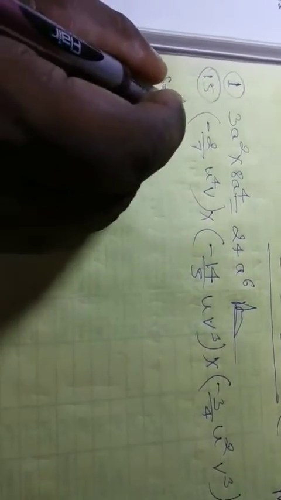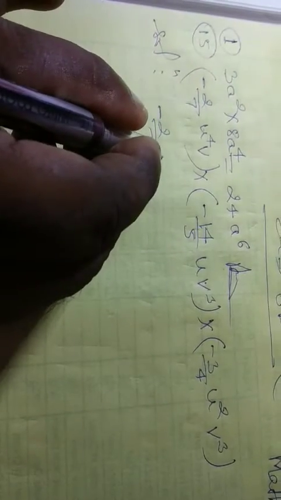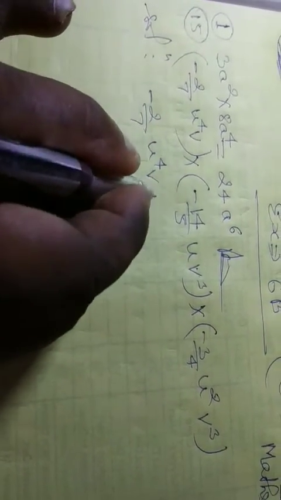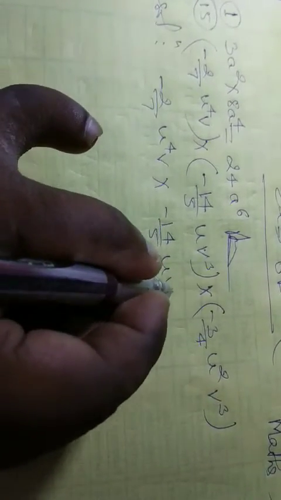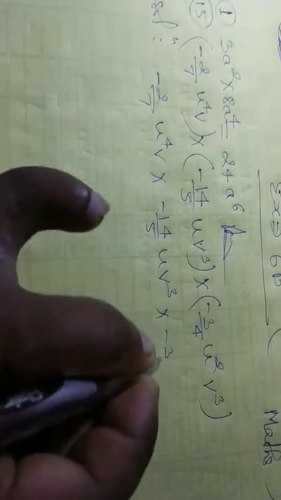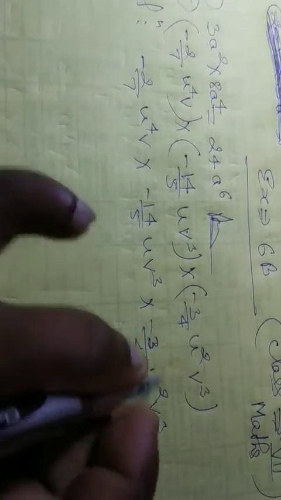Solution: minus 2 by 7 u to the power 4 b into minus 14 by 5 u b cube into minus 3 by 4 u square b cube.